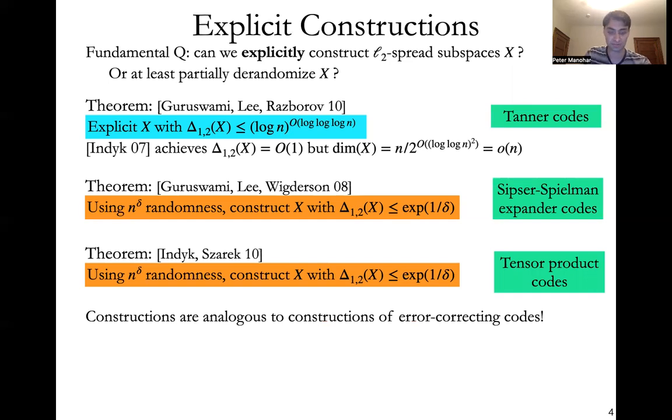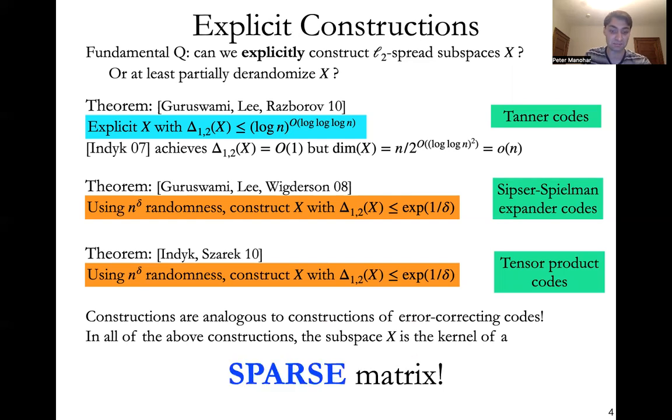And one interesting property that all these works have is that in all of the above constructions, the subspace X can be written as the kernel of a sparse matrix. And this sparsity property is just inherited from the underlying error-correcting codes, because Tanner codes, Sipser-Spielman expander codes, and tensor product codes can all be written as the kernel of sparse matrices. So the sparsity is really being inherited from the construction of error-correcting codes.